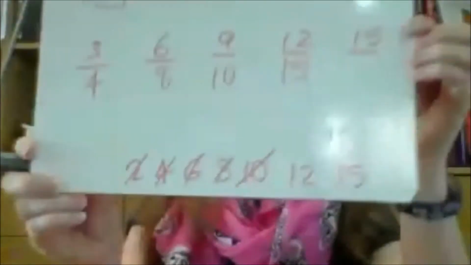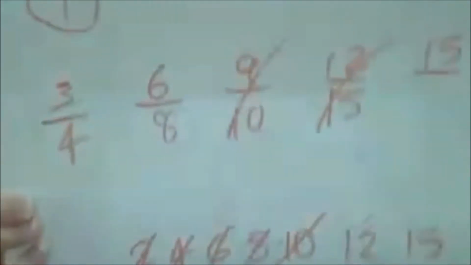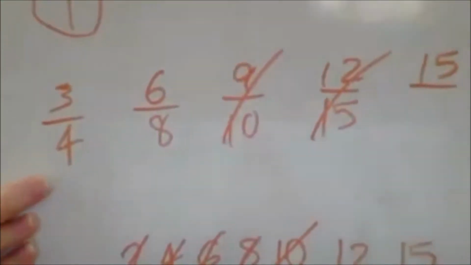Okay, is my denominator a multiple of 5? It's not a multiple of 5, no. So I've tried all these possibilities, guys, and I've crossed out the numbers as I've gone. And now I know I can get rid of the ones that have multiples of 5. Got rid of those. And now I'm going to try and figure out which one of these two it is.